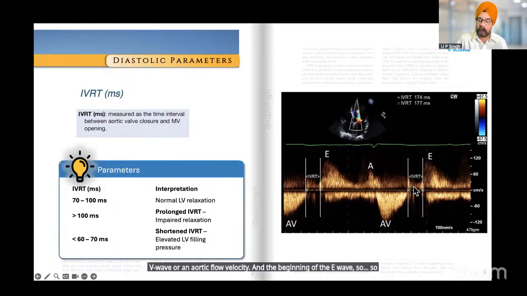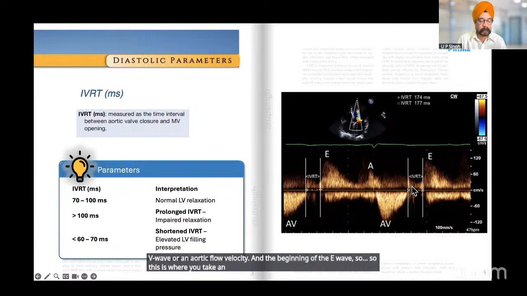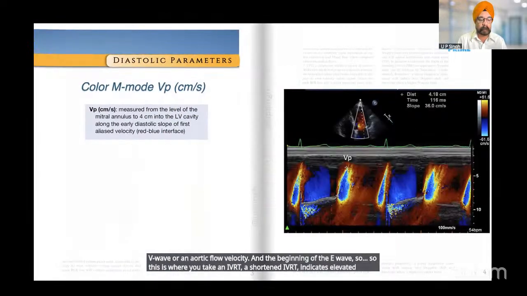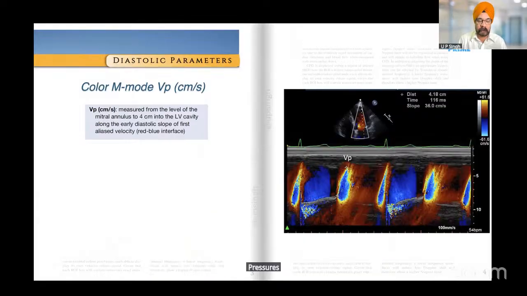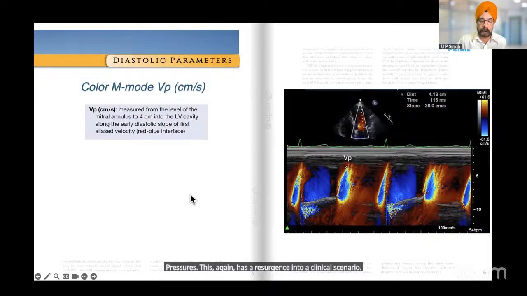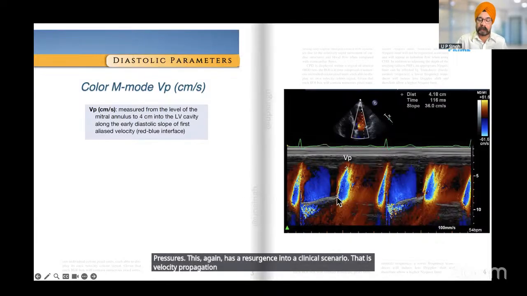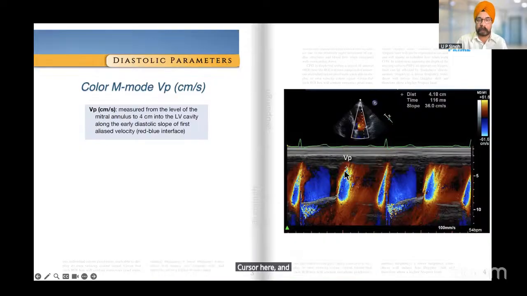So this is where you take an IVRT. A shortened IVRT indicates elevated filling pressures. This again has a resurgence into a clinical scenario, that is velocity propagation. You take a sample from the cursor here and 4 centimeters towards the apex, and then you see the slope of this.